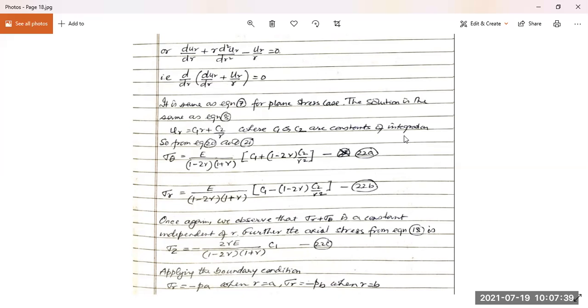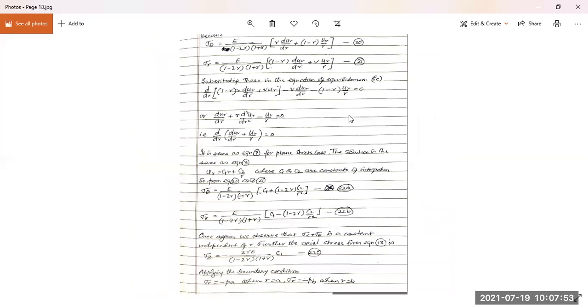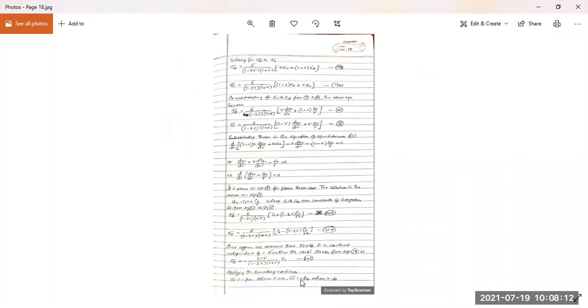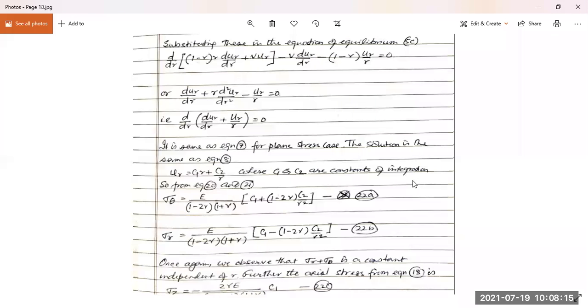Now, from equations 20 and 21, which give us the relation between sigma theta and ur, and sigma r and ur, in terms of other terms, equation 20 will become C1.